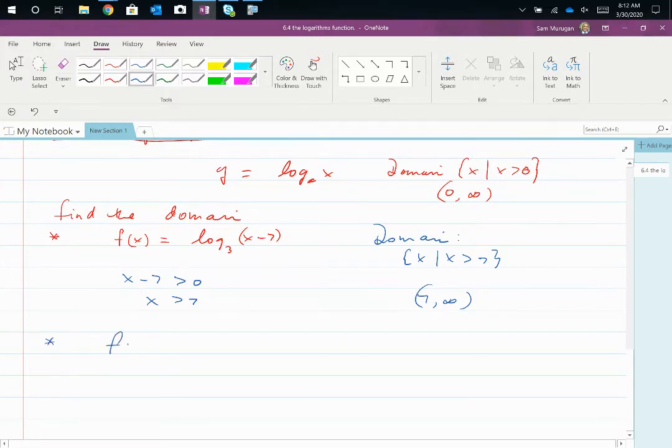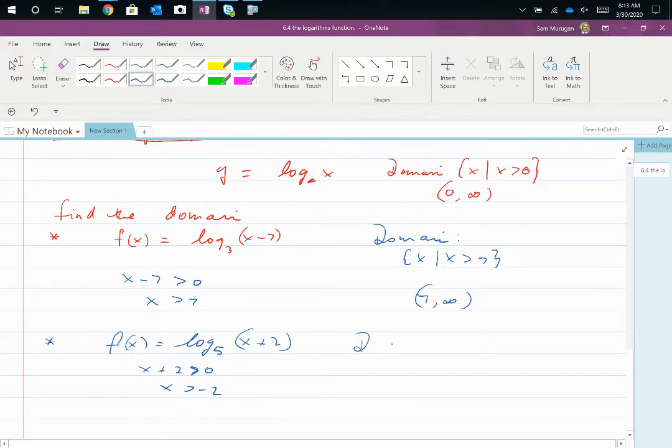f of x equals log base 5 of x plus 2. Set x plus 2 greater than 0, x is greater than -2.